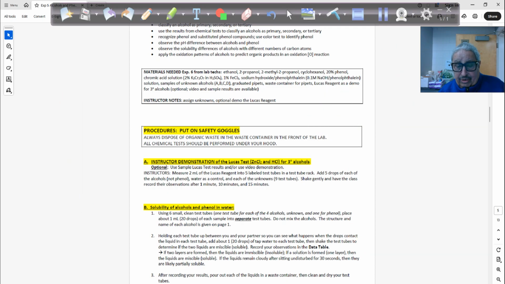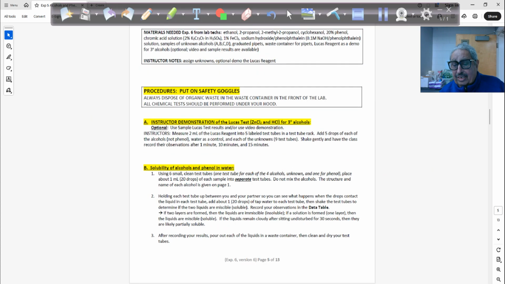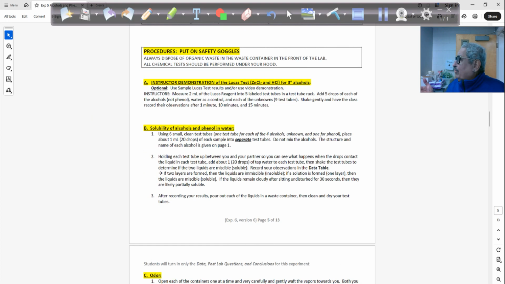So we did the solubility here. We talked about the acidity. You take phenolphthalein in sodium hydroxide. The solution is pink. When you put it inside all those alcohols, the pink color will stay. But when you put it in phenol, a weak acid, the pink color will disappear. Okay?